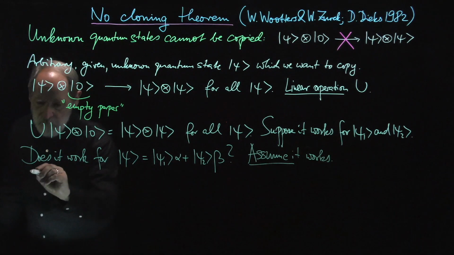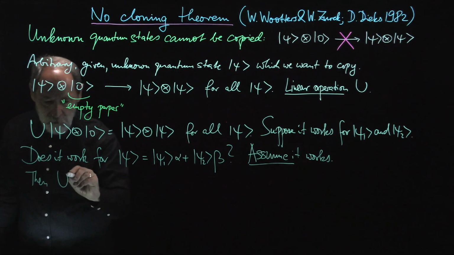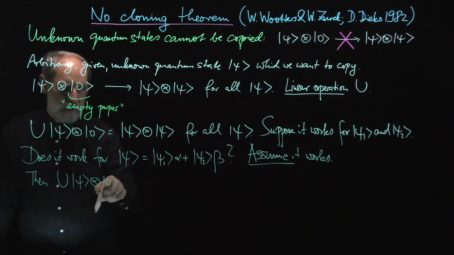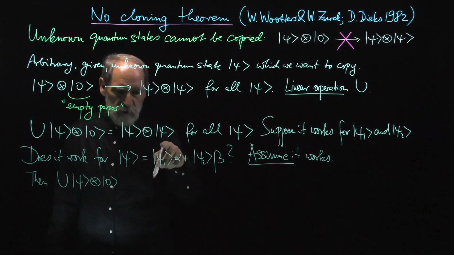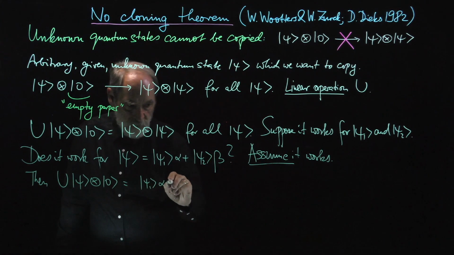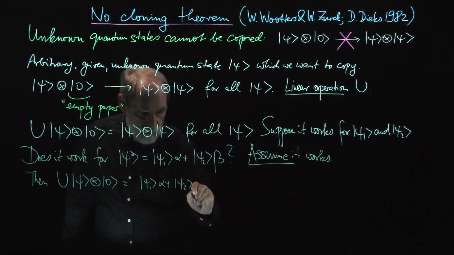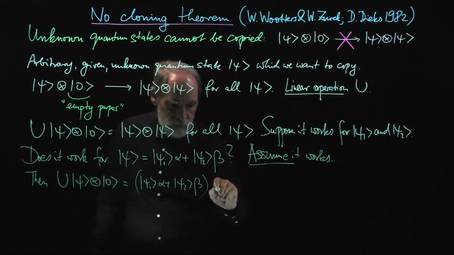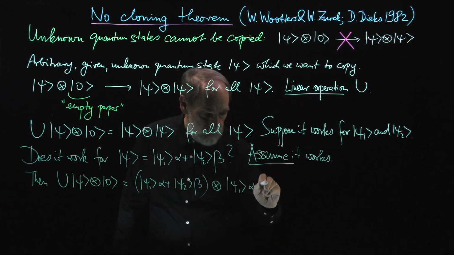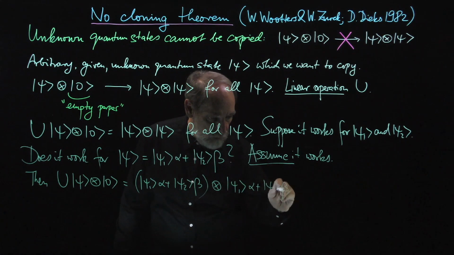Then U applied to this psi tensor 0 gives us this psi tensor this psi. So it gives us psi 1 alpha plus psi 2 beta tensor psi 1 alpha plus psi 2 beta.